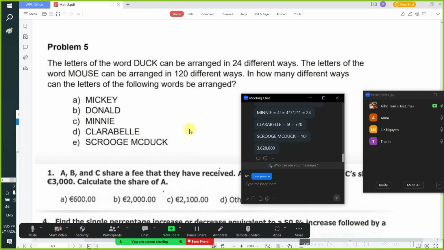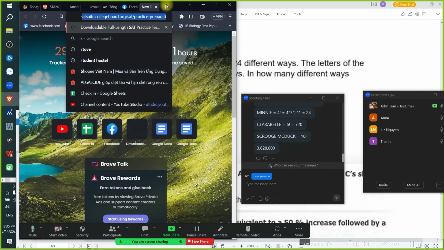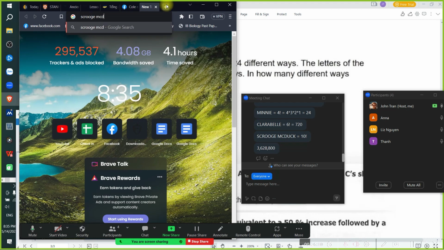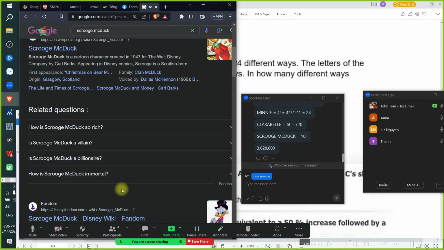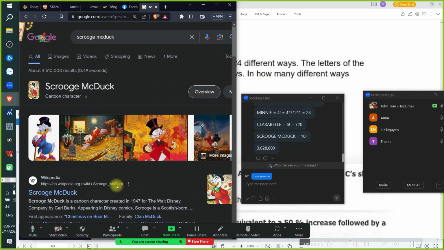It's the uncle of Donald. No, you don't. It's fine. This is Scrooge McDuck, okay? Very rich. The rich uncle of Donald Duck. But he's very, very, very stingy.